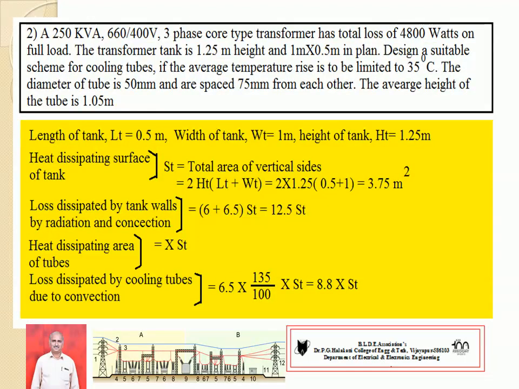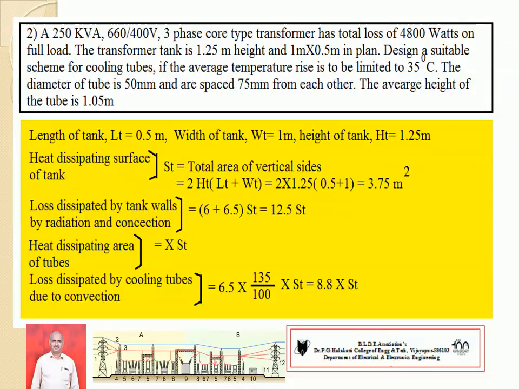A 250 kVA, 6600/400 volts, 3-phase core type transformer has a total loss of 4800 watts on full load. The transformer tank is 1.25 meter height and 1 meter into 0.5 meter plan.